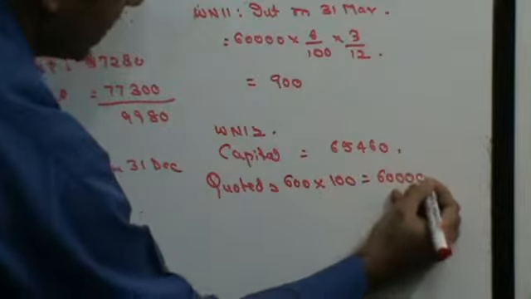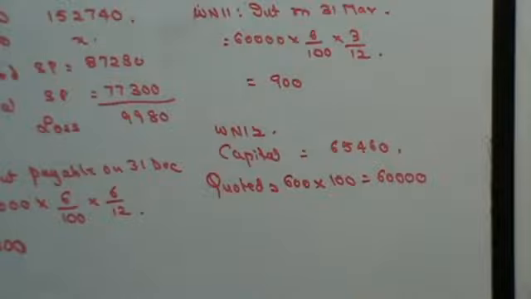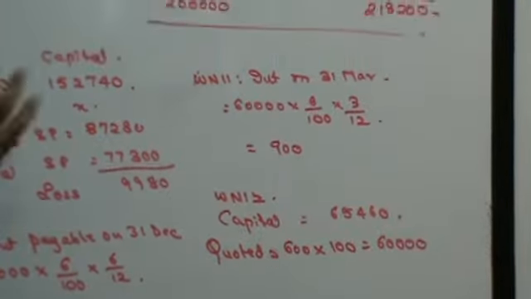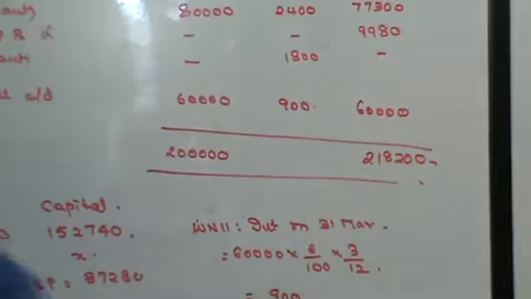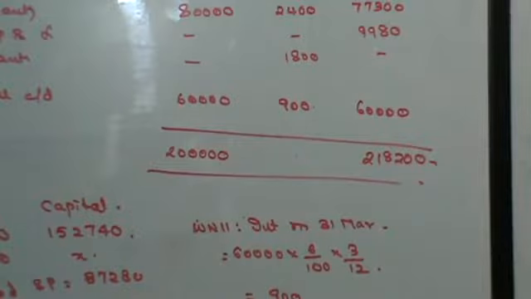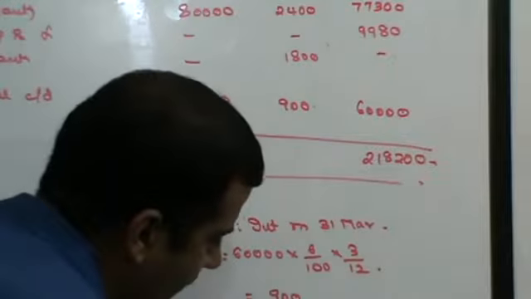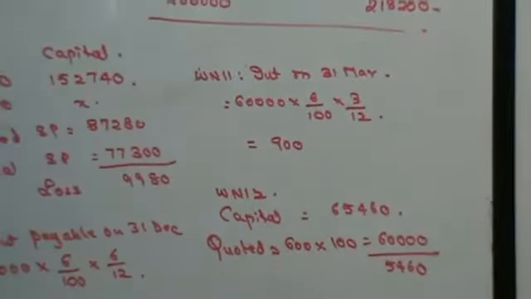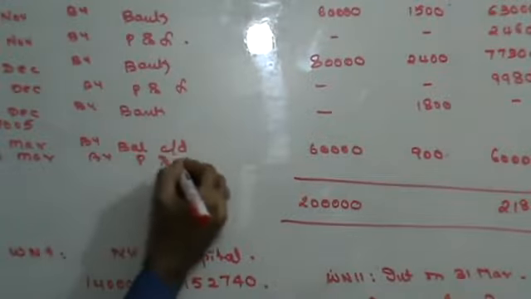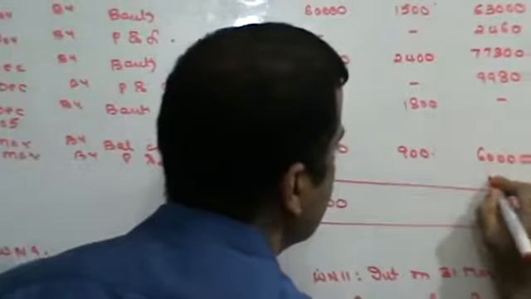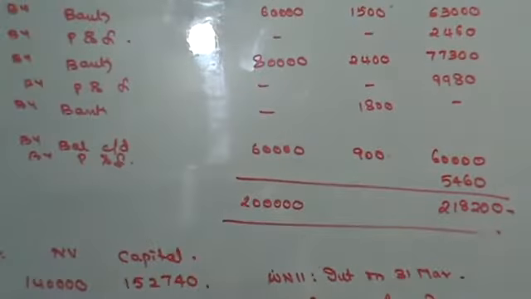That means this is going to be 60,000. Closing stock has to be always valued at the lower price. So the lower price is 60,000. You have a difference of 5,460. That will be written here, 31st March, by P&L, 5,460. That's how you quote the instruments at quoted price.